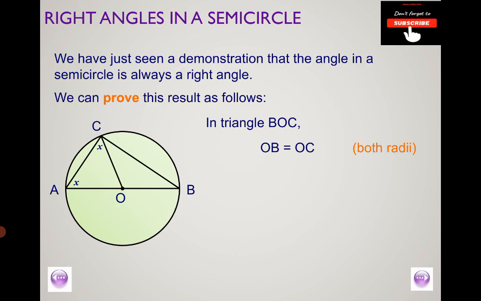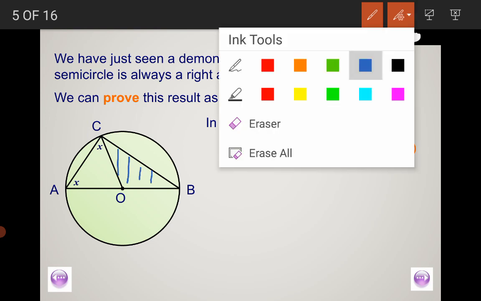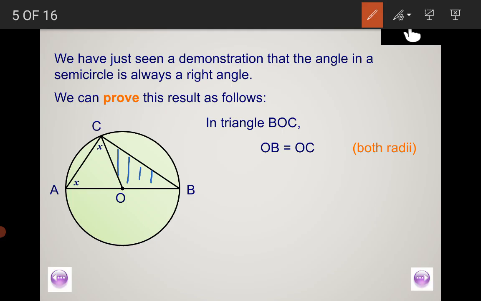This time we are now looking at a different triangle. Earlier on we looked at this triangle here, which I'm shading in red, and we said that with respect to this triangle the base angles x are the same, they are equal.